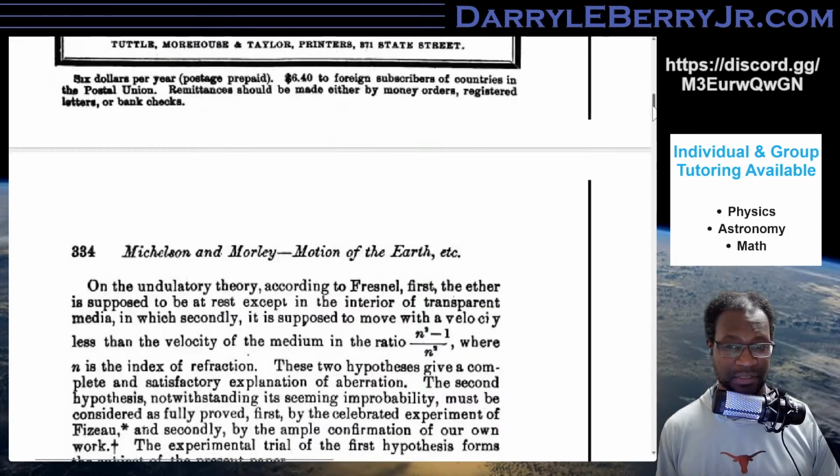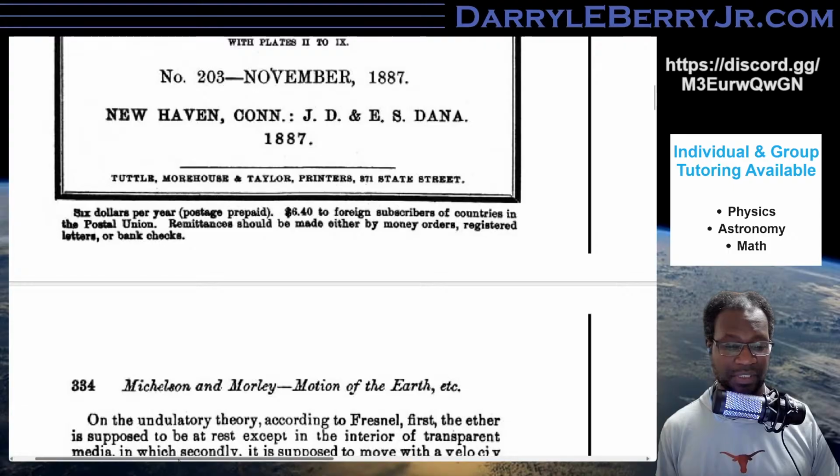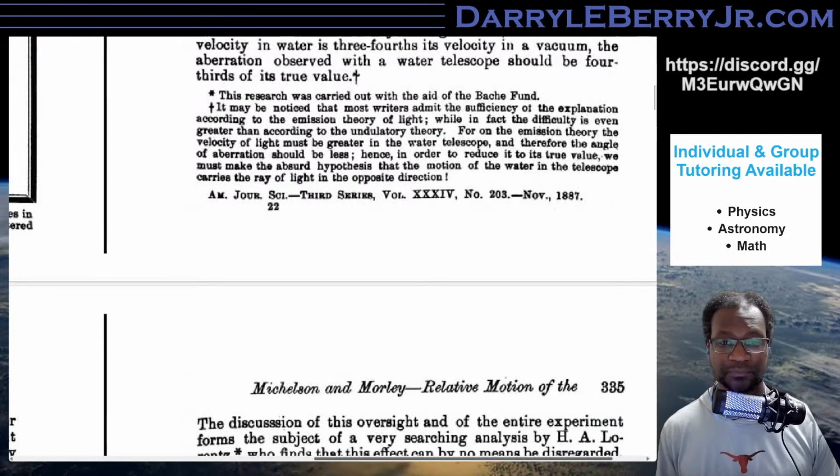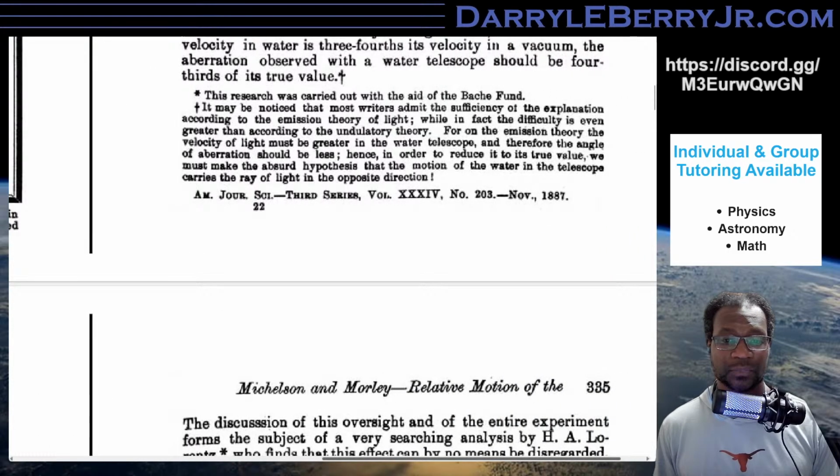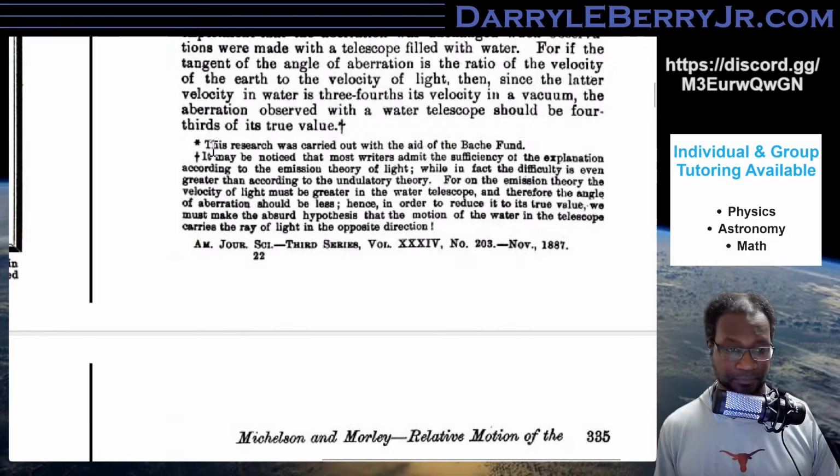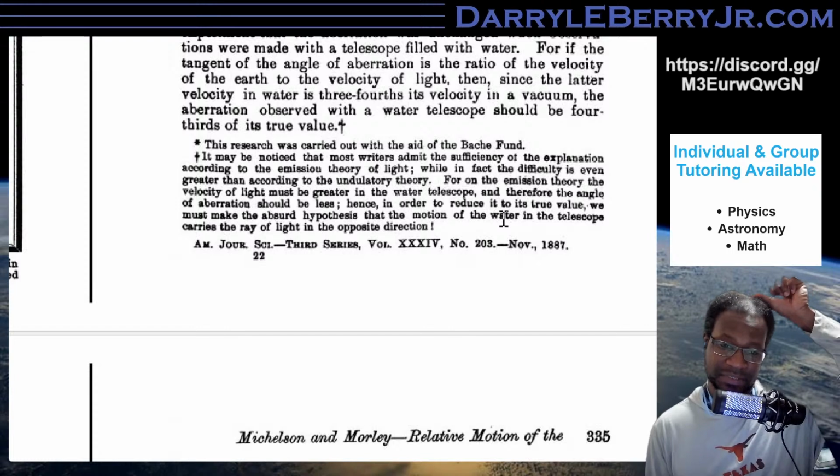And there's some secondary information here. We should probably read this one. "Most writers admit the sufficiency of the explanation according to the emission theory of light, while in fact the difficulty is even greater than according to the undulatory theory. For on the emission theory, the velocity of light must be greater in the water telescope, and therefore the angle of aberration should be less.